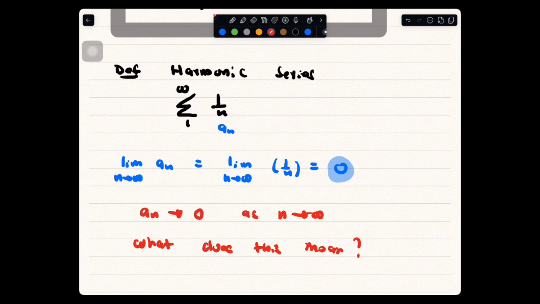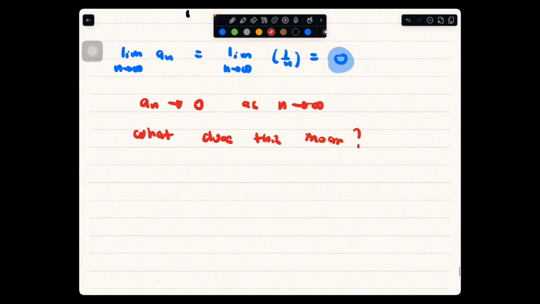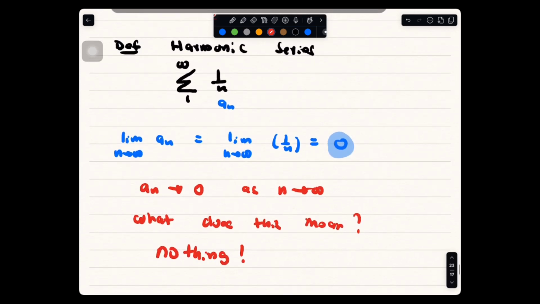You know what this means? It means nothing. Okay? It means nothing. This is what's going to confuse some people. It's the logic, it's the language. That just because you have the limit of an equal to 0, does that mean the series diverges?